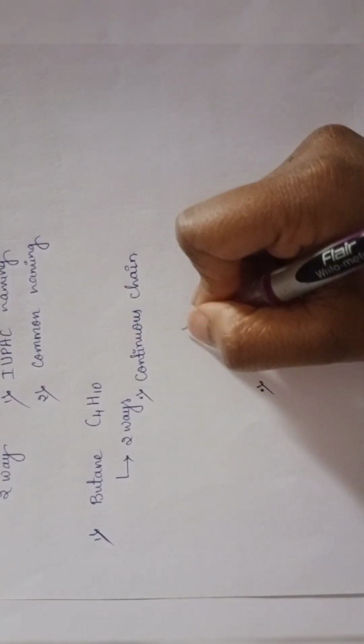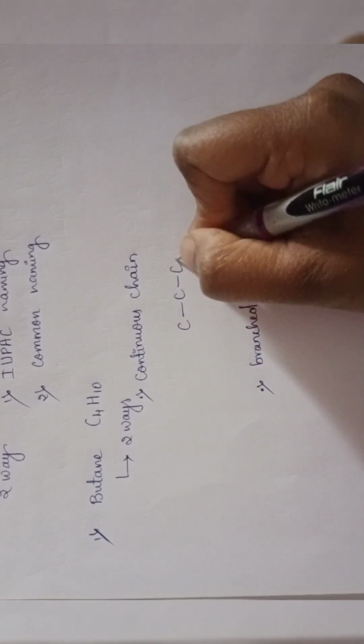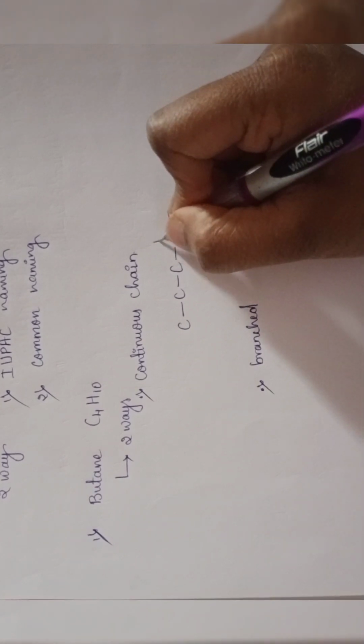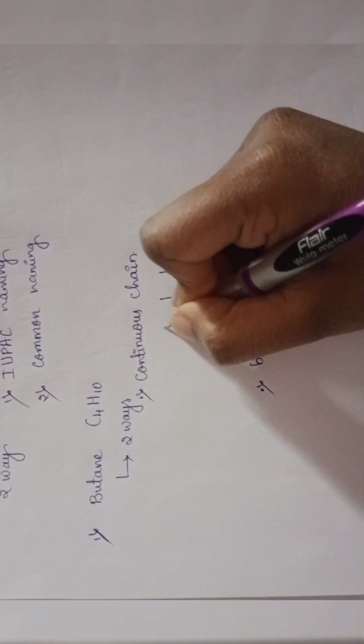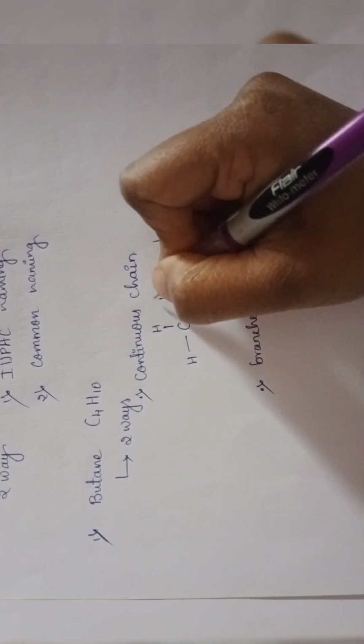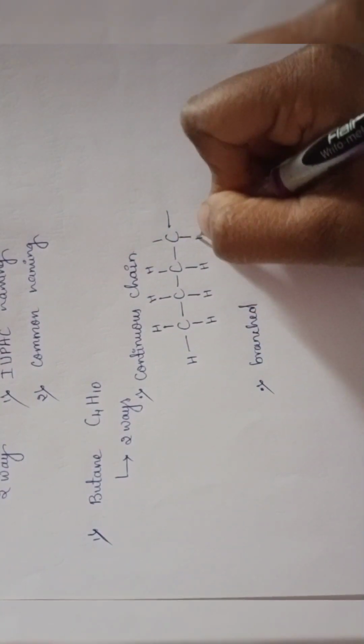In the continuous chain, 4 carbon atoms are joined continuously. There will be hydrogen atoms attached to the carbon atoms.